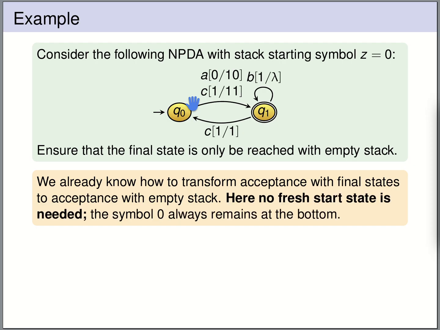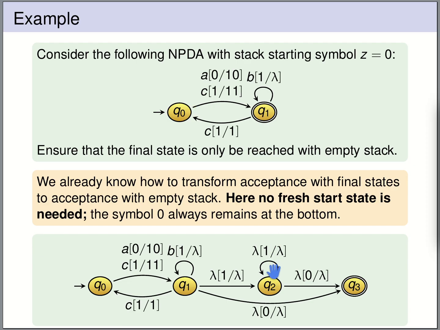So it suffices to use a fresh state for emptying the stack. Here we only add ones on top of the stack, so this fresh state only has to remove ones. And we have to have transitions which remove the 0 from the bottom of the stack if we reach the bottom. So what do we do? From our old final state, we add a transition that removes the 0 from the bottom of the stack and switches to our new final state.